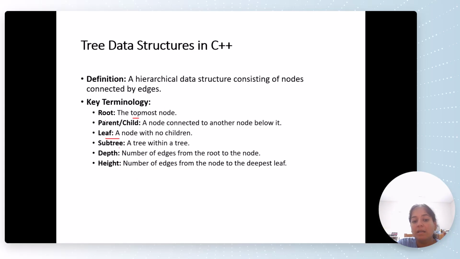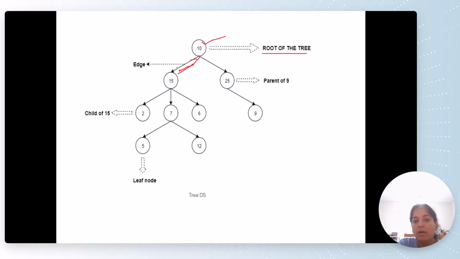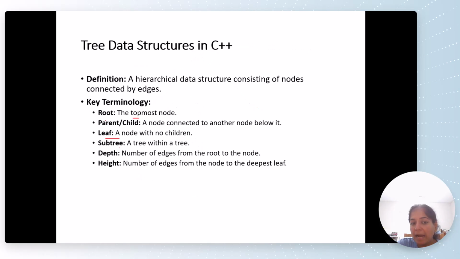Depth is the number of edges from the root to the node. For example, the depth of 9 is 2 because there are 2 edges. The depth of 25 is 1. And height of the tree is the number of edges from the node to the deepest leaf.